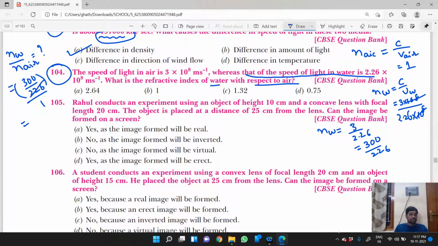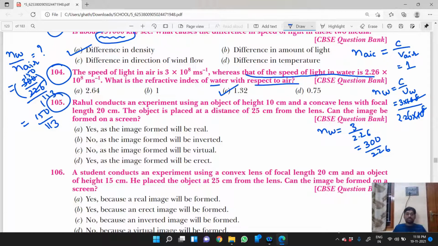Two-two cancellation you can do, and it becomes 150 upon 113. If you do the division, we get nearly 1.32, because the remaining two numbers are greater. It goes one time only, with 37 remaining out of 113. So the answer is directly chosen as C only.